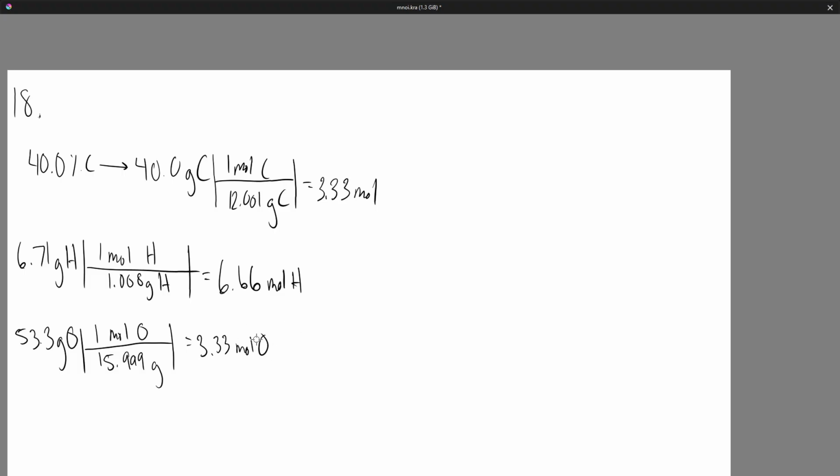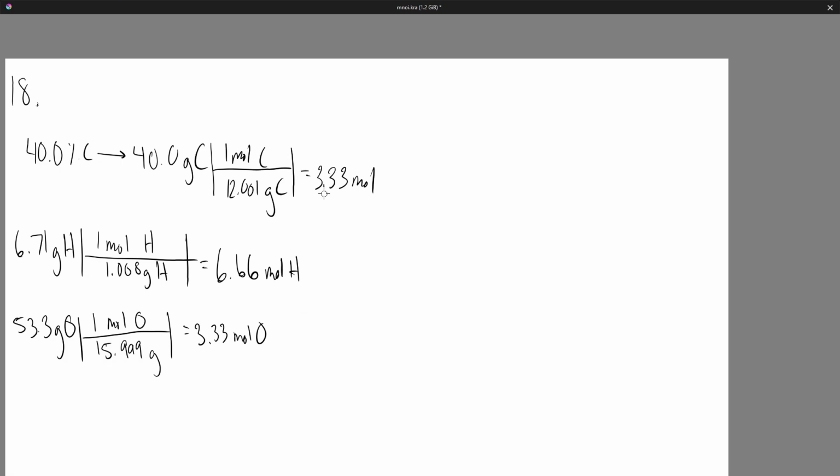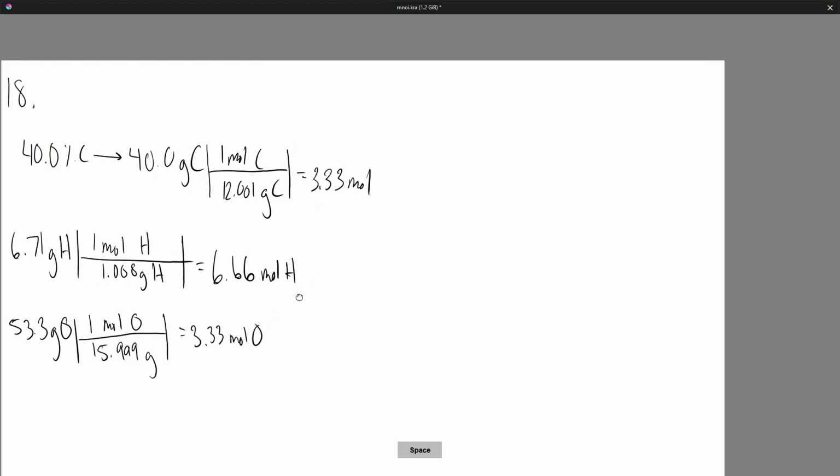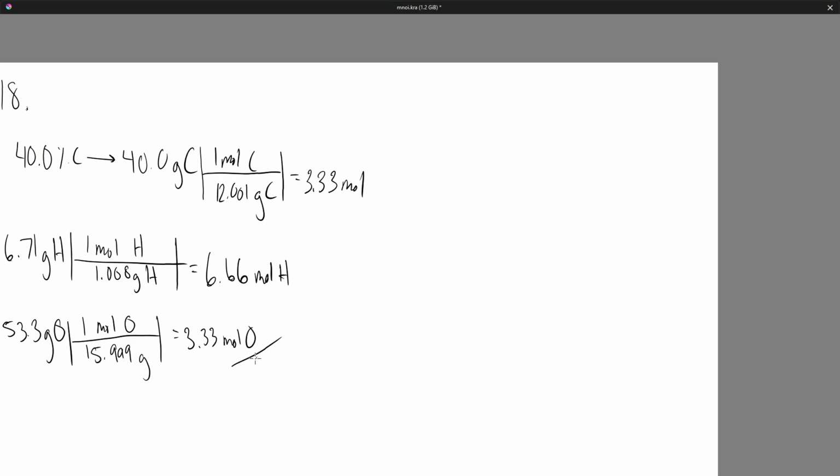So looking at these 3 mole values, you divide each of them by the lowest one. It's either carbon or oxygen. It doesn't really matter which one since they're the same number. So 3.33 moles, 6.66 moles, and 3.33 moles.